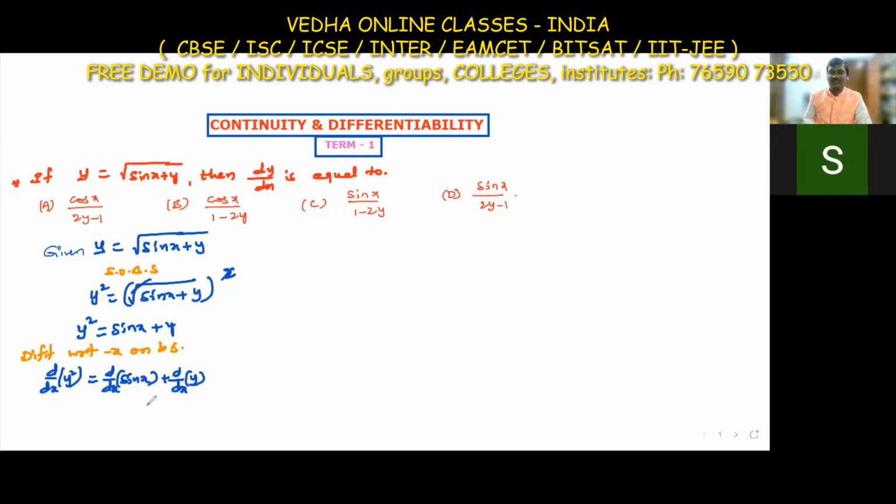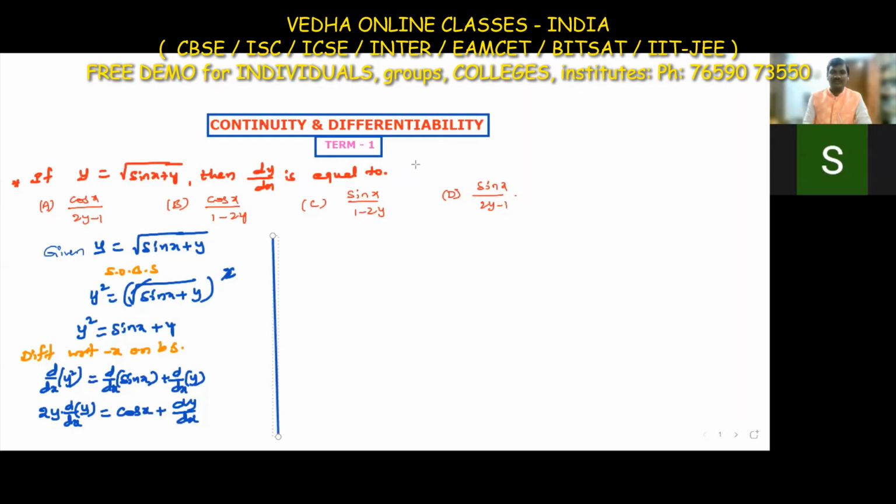Using the x power n formula, d by dx of y square is 2 into y power 2 minus 1, that is 2y into d by dx of y. This is equal to d by dx of sin x. The derivative of sin x is cos x, and this dy by dx stays as it is.